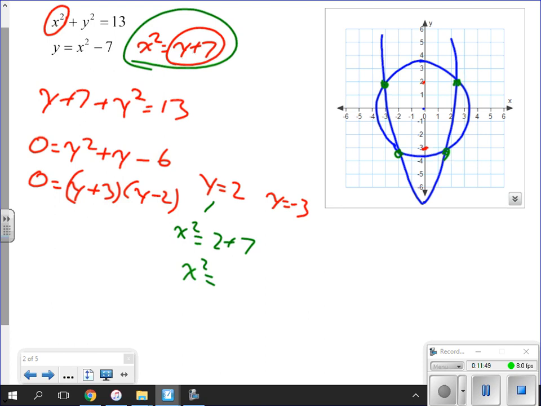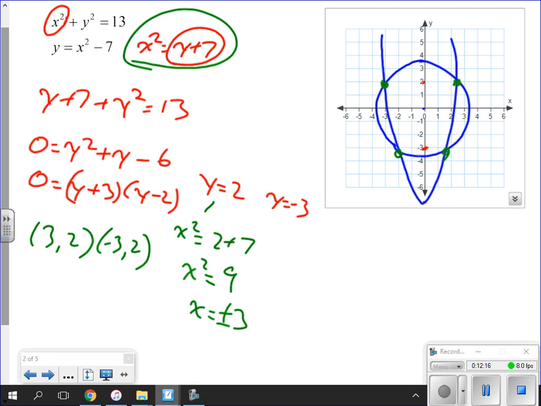X squared equals 9, x equals plus or minus 3. So for y equals 2, I get 3 and minus 3. So I have the point 3, 2, and the point negative 3, 2. When y is 2, I have plus or minus 3 on my x's.